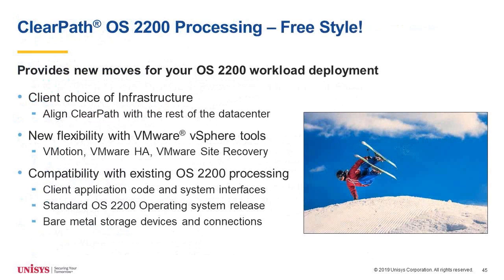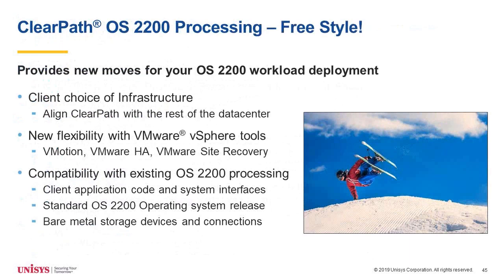So we've really gone through a lot of detail here today. Again, we feel that the OS 2200 software series provides a new level of choice and a new level of environment for our OS 2200 clients.